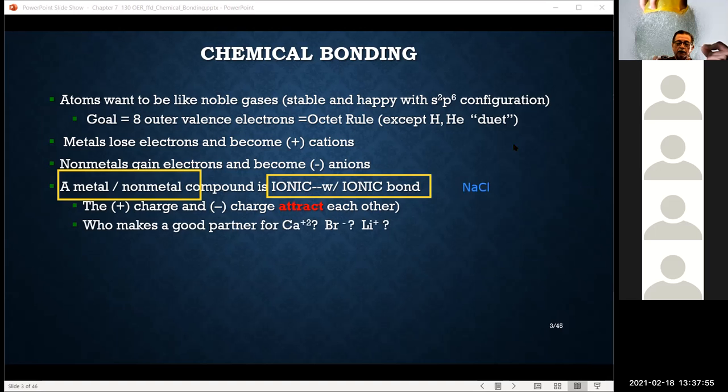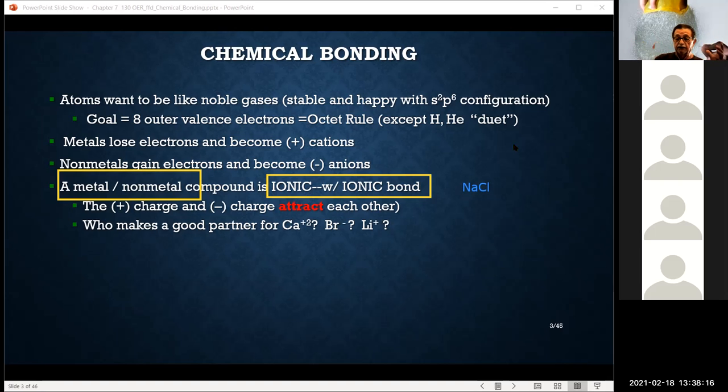Now, they come together because of the positive charge and the negative charge. Remember, we kind of touched on it a little bit. When I put these together, it's going to be a combination of an anion and a cation. It's not a combination of 2 cations. It's not a combination of 2 anions.